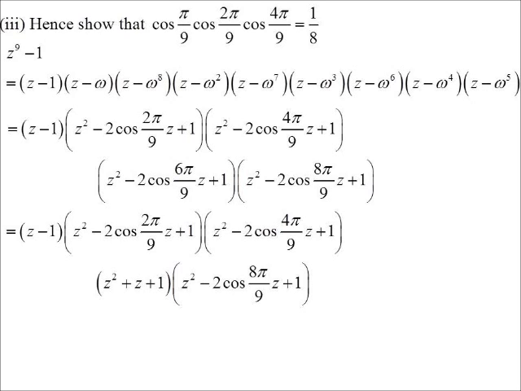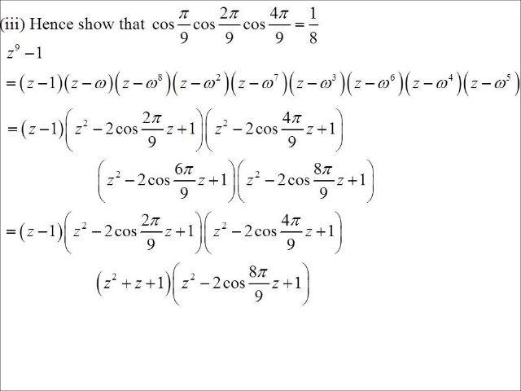Okay. What is the real part of cis 2 pi on 9? So we are trying to get cos 2 pi on 9, cos 4 pi on 9 out of that expression there. I know this to be true, that z to the power of 9 minus 1 is equal to this. 6 pi on 9 is 3 pi on 2.